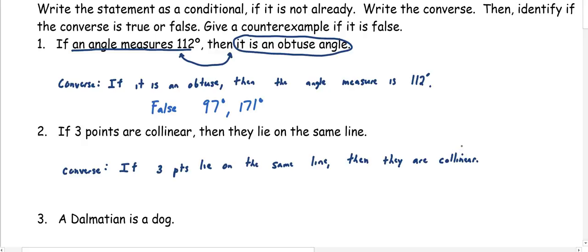When you're writing your converse, remember it doesn't have to be word for word switched, but the main ideas need to be switched in the order. So this statement, if 3 points lie on the same line, then they are collinear. This is a true statement because that's a definition of collinear.